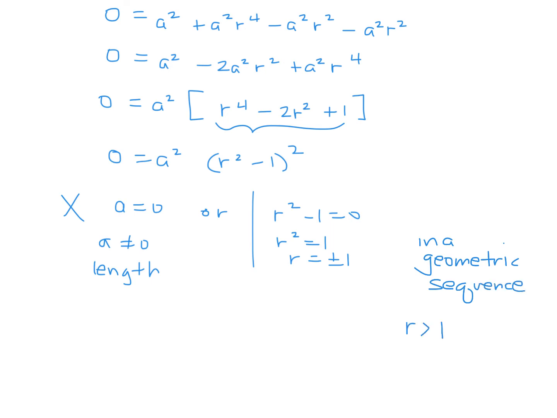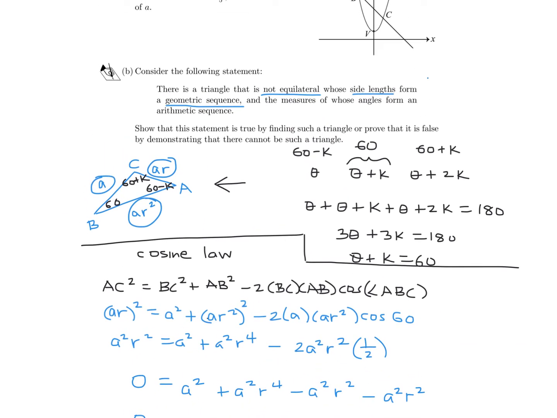That's the only way it qualifies as a geometric sequence. So R cannot be 1 or negative 1. Since this all falls apart, we can conclude that no such triangle exists with the criteria described in the question.